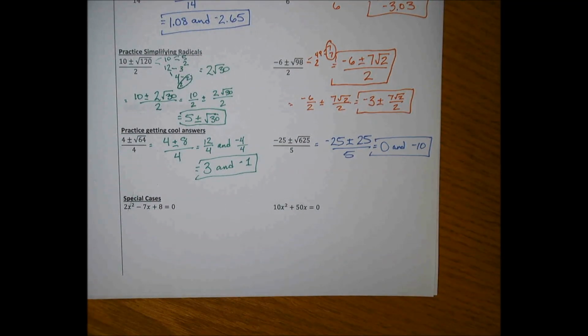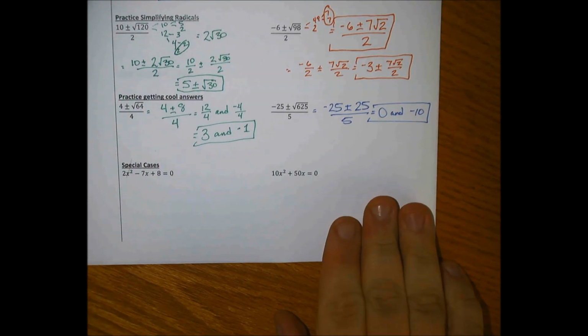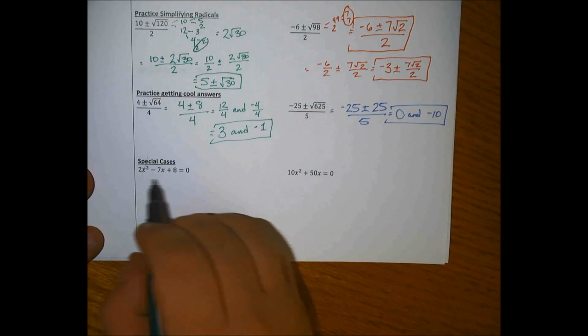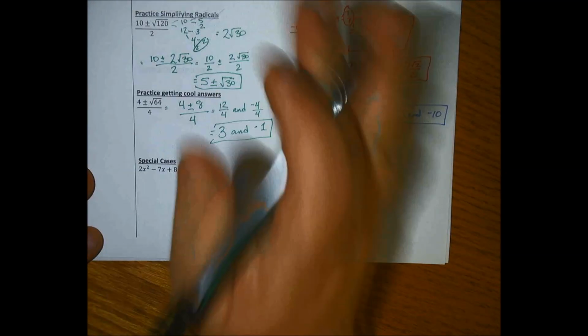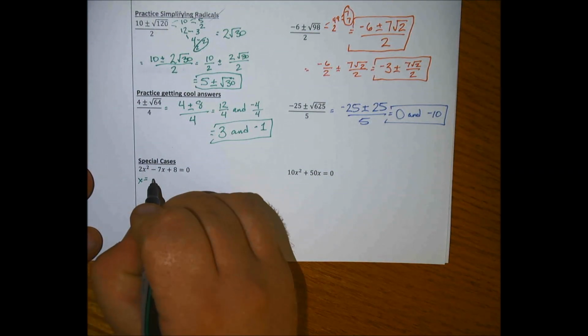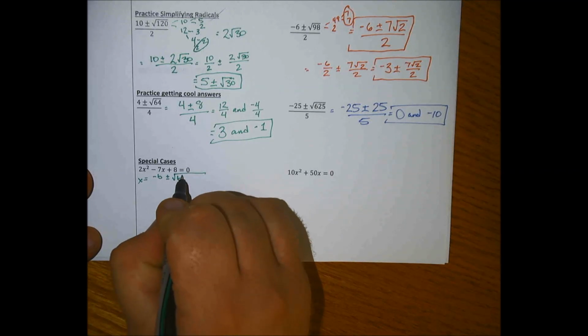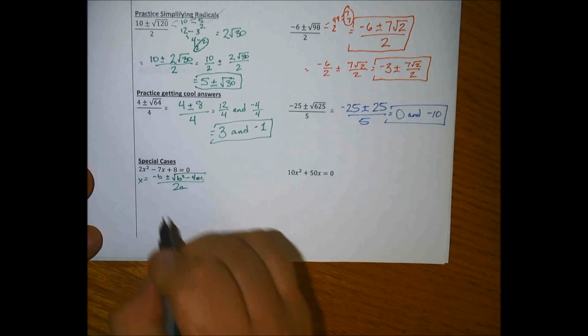All right. So now we're actually going to look at using the quadratic formula and having to put those numbers into the quadratic formula. And we're going to start off with the special cases. And I've left them in the quadratic equation form to prove a point here. So let's look at x equals negative b plus or minus the square root of b squared minus 4ac all over 2a.